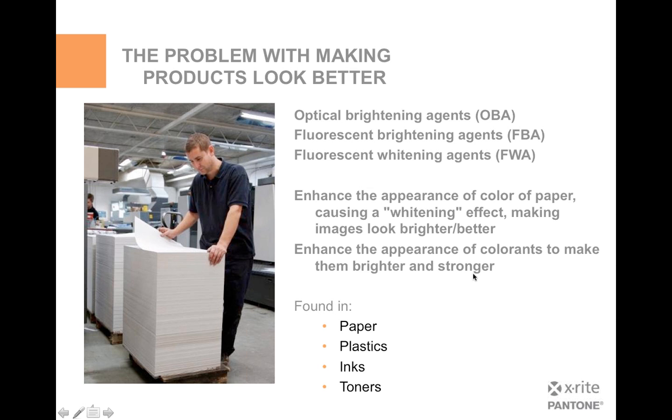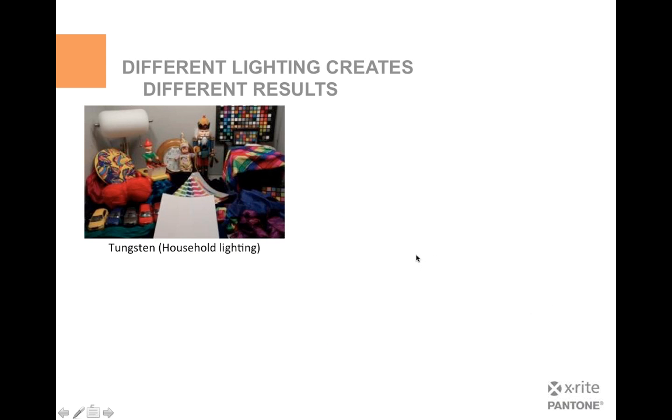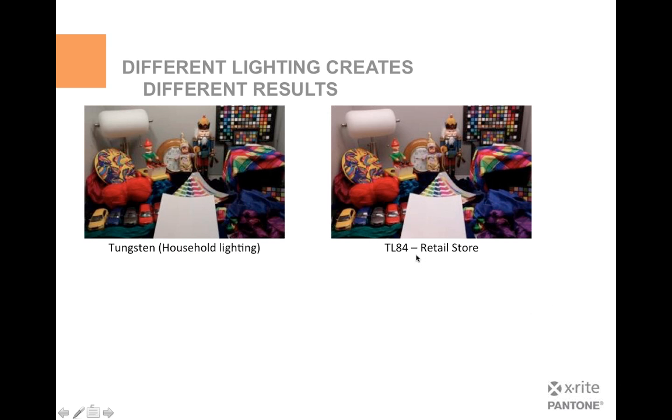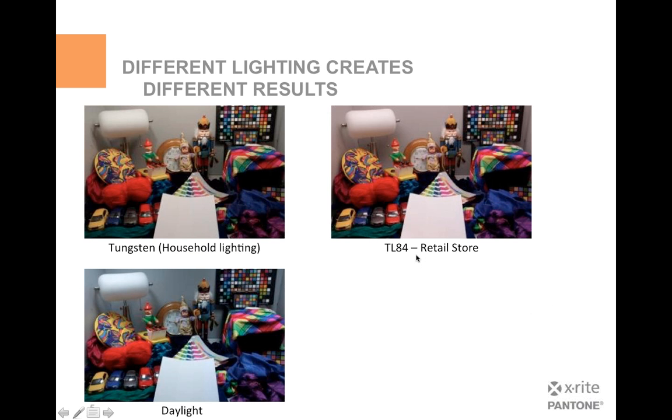The OBAs are there to get a brighter, whiter sheet, and these other fluorescent agents are often used in inks and toners to get something with a little more snap to it, if you will. If we move on to the next slide, we'll get a quick picture of an idea of what goes on.